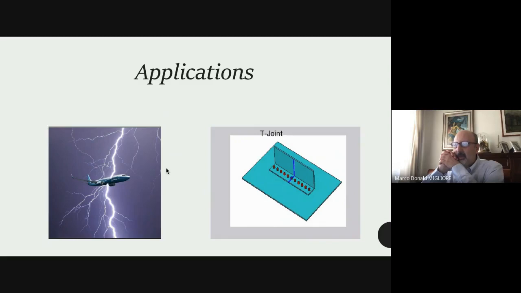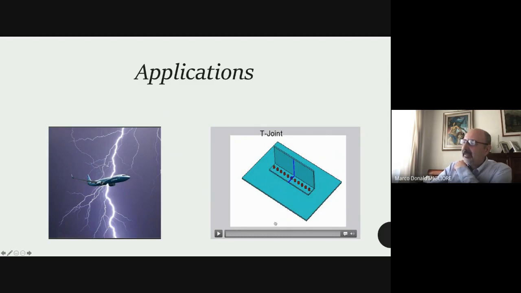At the end, what we need is not only to know the permittivity of this material, but we need to know the permittivity of many other materials that are used with it, because at the end what is important is how this material works with the other materials. This is, for example, a T-joint. In this case, we have many different materials, some of them quite special, the others quite standard.